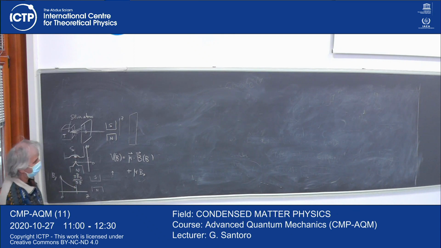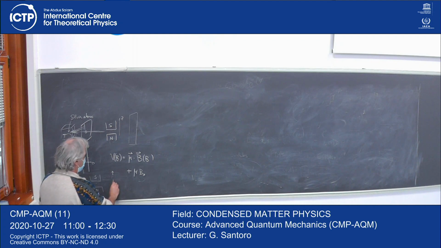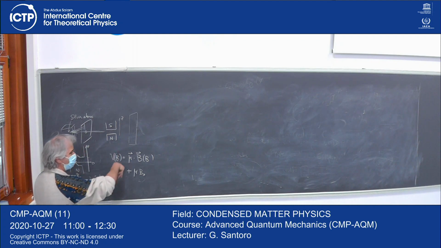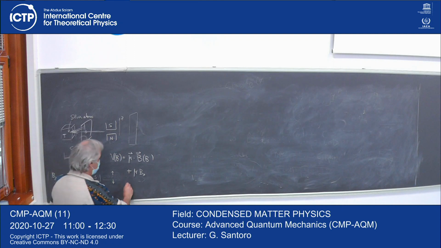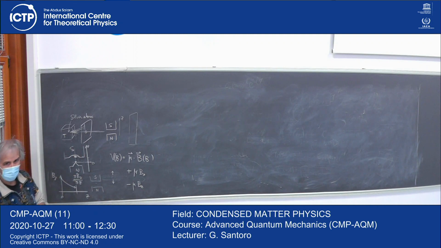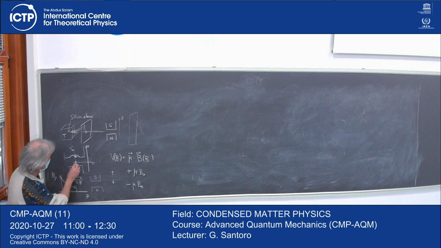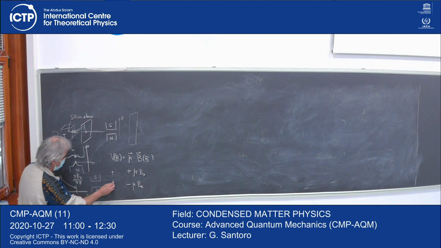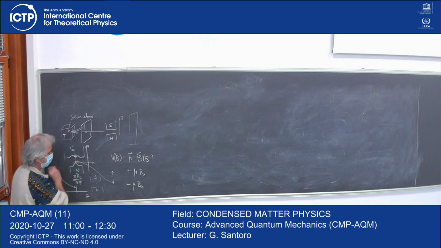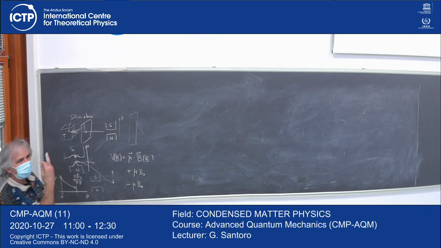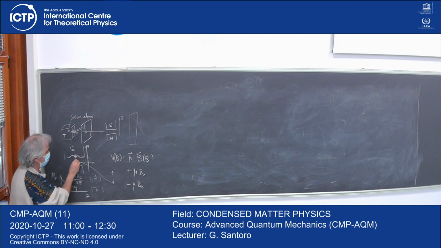If you are a magnetic moment opposite to the field, your potential would be minus mu times Bz. Where would you like to go? Where the field is maximum, to decrease the potential. So you would go here.